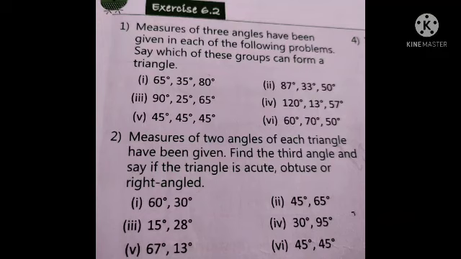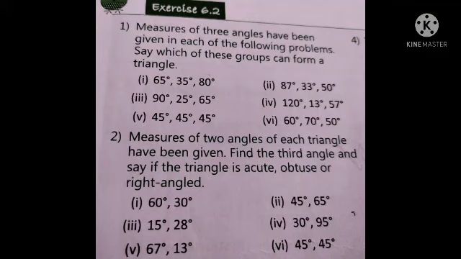So the question is very easy and very clear because two angles are given, and you know the sum of three angles is 180 degrees. So from the given two angles you can find out the third angle. How can you find out the third angle? First, find the sum of the given two angles. The first angles are 60 and 30.